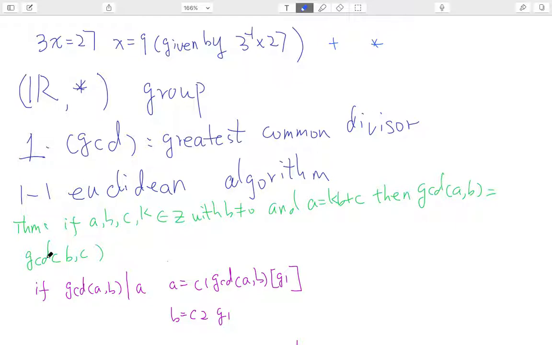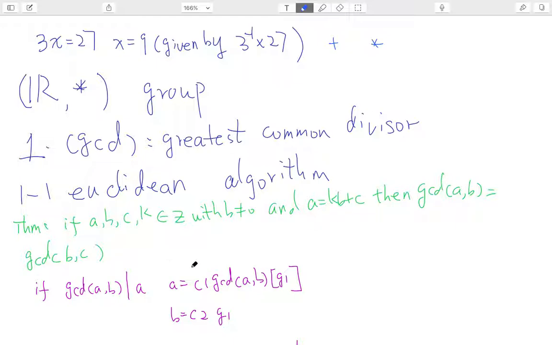If you want to find the greatest common divisor of a and b, you can transfer it into b and c, and then you can do this procedure sufficiently many times until you finally get a true answer.